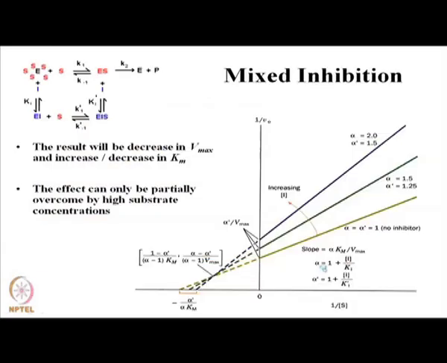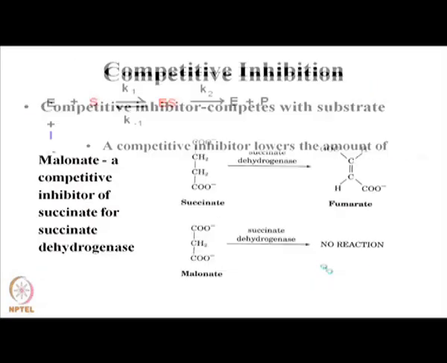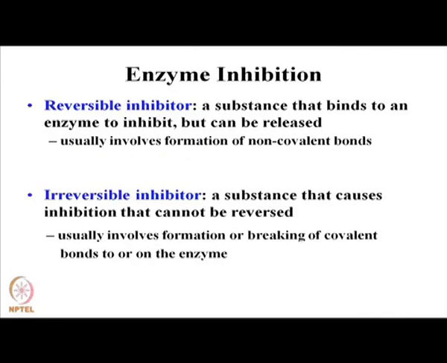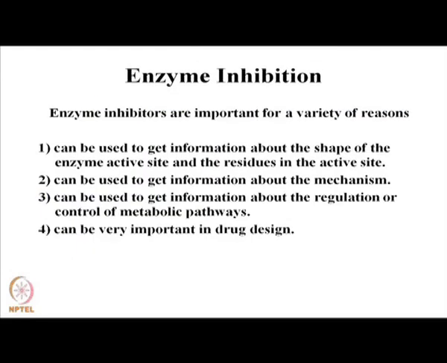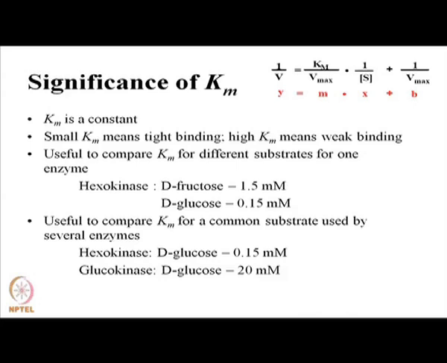Okay. So, summing up what we have learned, let us again come back to our starting point, that we started with this Michaelis-Menten kinetics. We talked about the significance of Km.